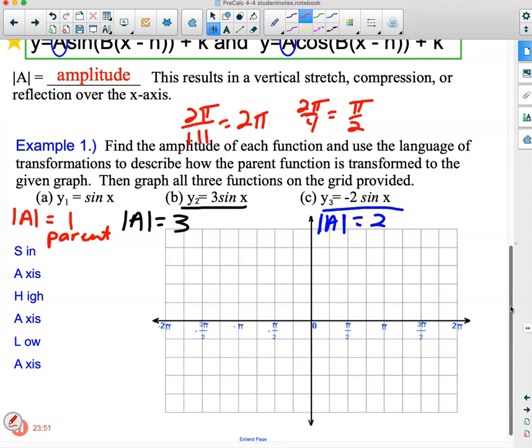I'm thinking in advance about the fact that I have to graph the parent function, then I have to have an amplitude of 3, and then I have to have an amplitude of 2 with a reflection, because I need to label my y's. And if I'm going to get all of that on there, I probably better just go by ones.